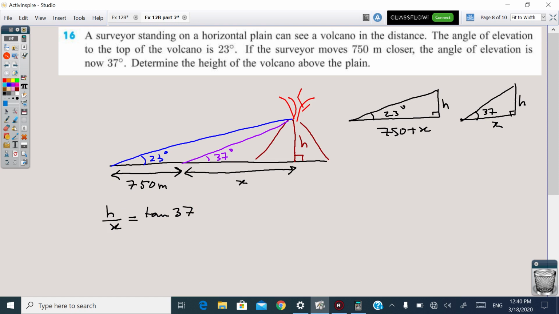And from the other triangle, h over x plus 750, or 750 plus x if you want, doesn't matter, equals tan 23. So how do we solve these simultaneous equations?